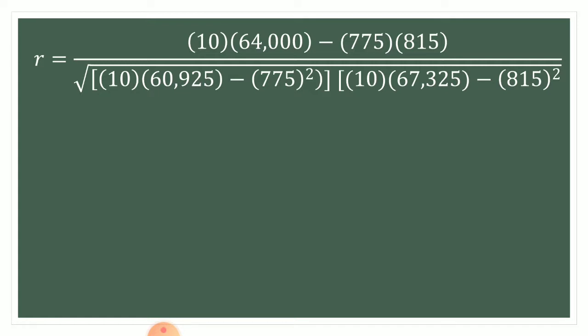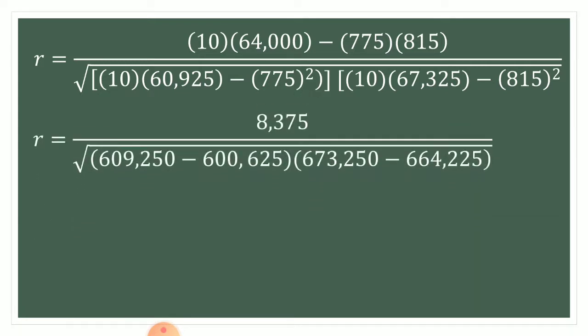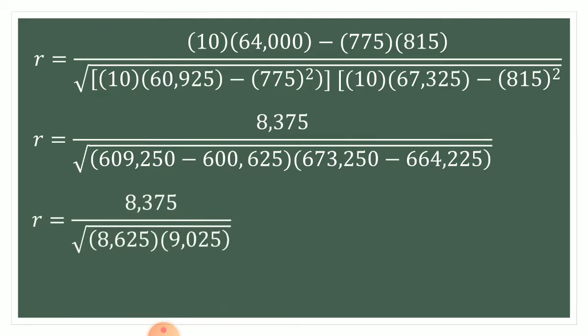Simplifying it further, that is equal to 8,375 all over the square root of the quantity 609,250 minus 600,625, times the quantity 673,250 minus 664,225.